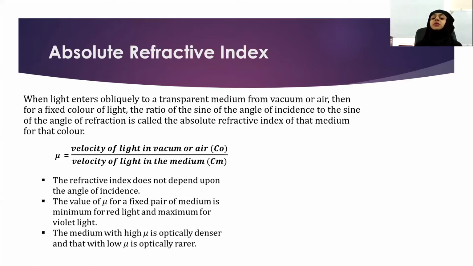It is a fixed value for a particular medium and for a particular color. So refractive index does not depend upon the angle of incidence, but it depends upon the pair of medium and also the color of light. Can you tell me which color has minimum refractive index?